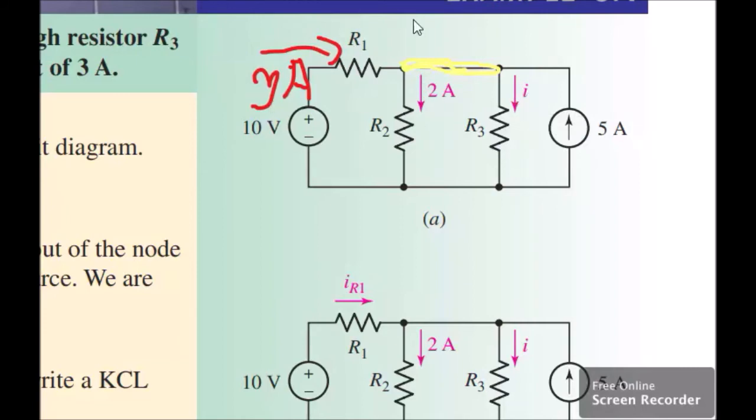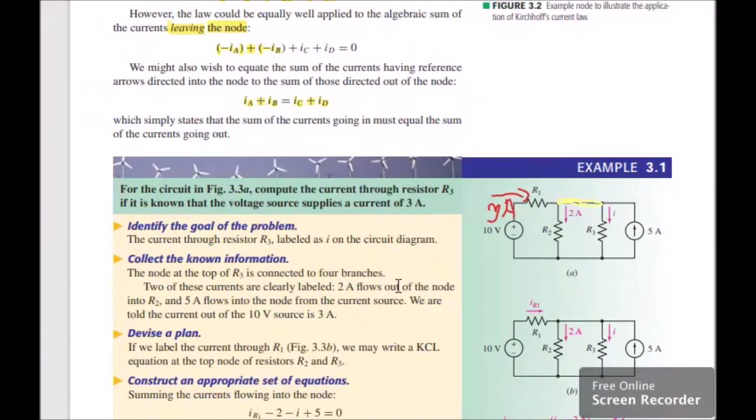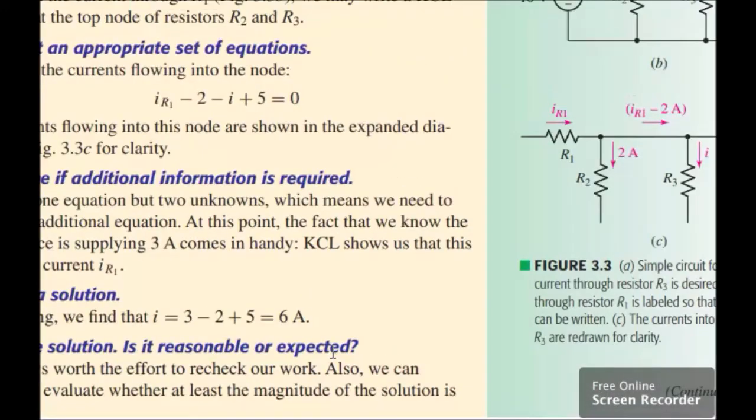So, 3 ampere plus 5 ampere is equal to 2 ampere plus I. So, you have one equation, one unknown. Ibig sabihin yung I natin is equal to 6 ampere. So, for this circuit, our I here has 6 ampere. So, ganun lang kadali ang buhay dito sa circuits. Check natin. And this is our answer.